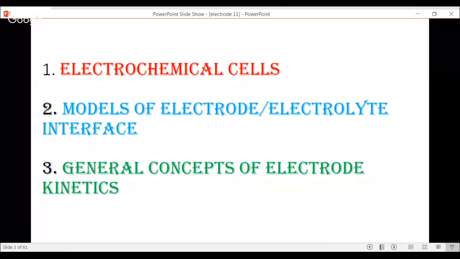Now, what we are trying to do is look at the general concepts of electrode kinetics, because after all, in photoelectrochemistry or any electrochemical system, the electron exchange at the electrode is going to be the main process, and the kinetics is controlling the current that we can do, or controlling the power that we can draw. So we are trying to look at that. Okay, that is what we are trying to do.